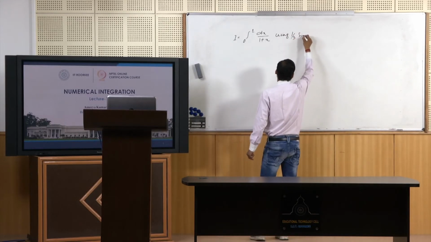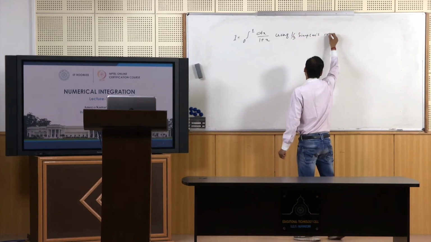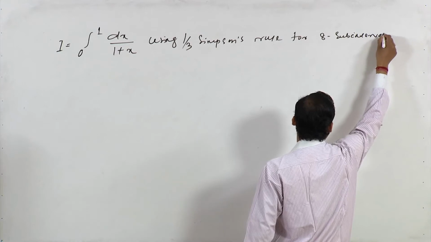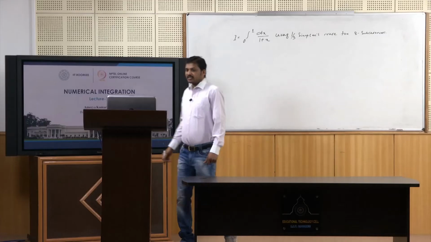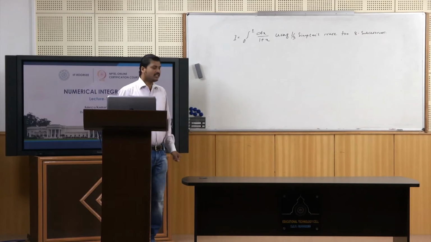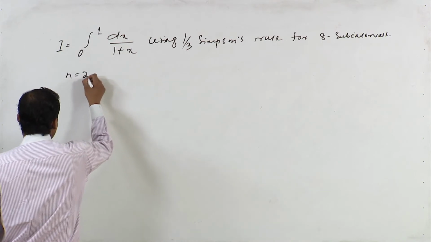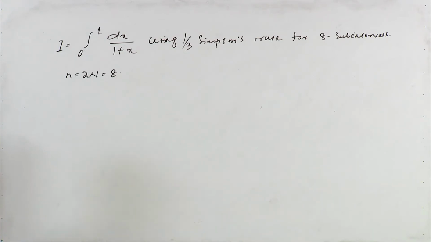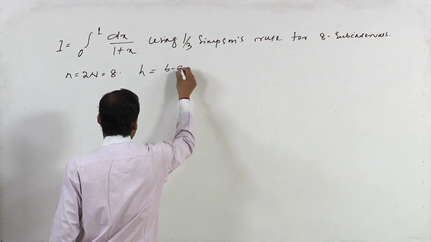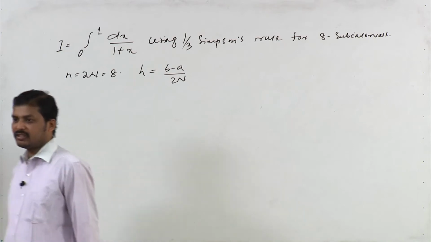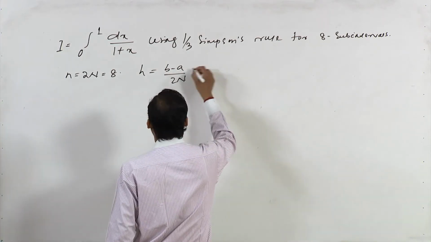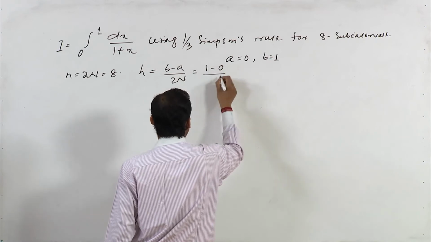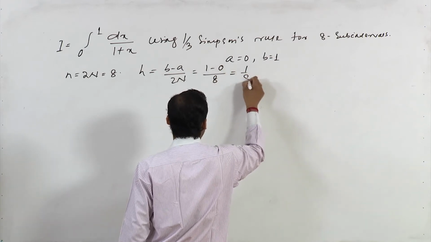If we use 8 subintervals, then 2n equals 8, and we define h as (b minus a) by 2n, which is 1 by 8 obviously, since a is 0 and b is 1, so it is (1 minus 0) by 8, that is 1 by 8.